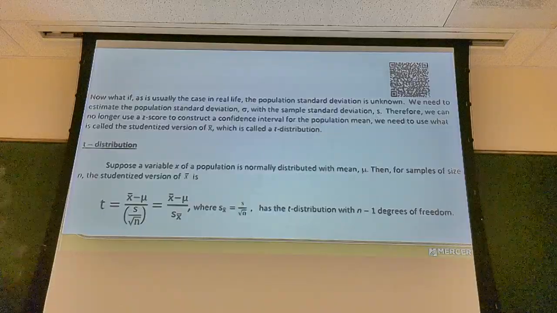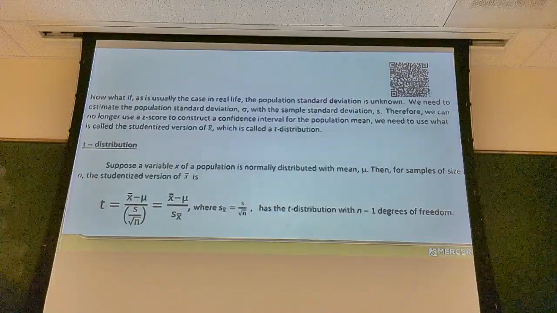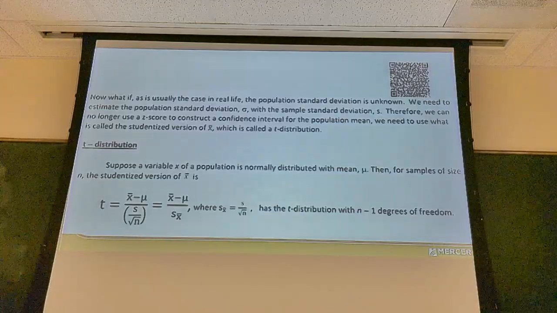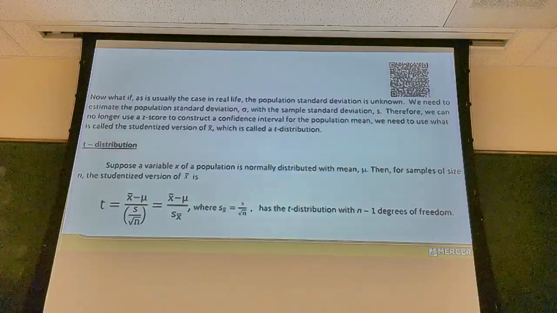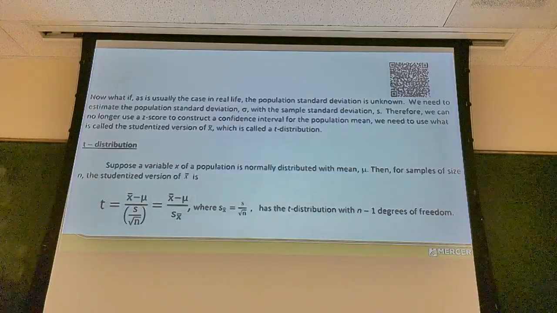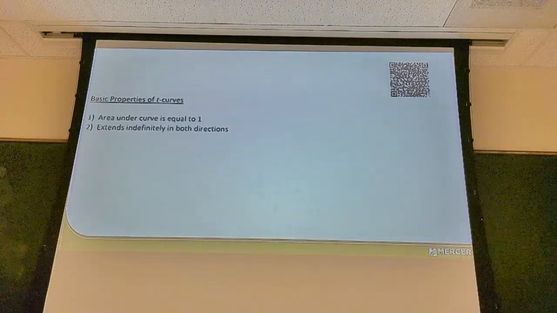This is a continuous random variable, right? So this will be a continuous distribution. As with all the continuous distributions, the area under the curve has to be 1. It extends indefinitely in both directions.